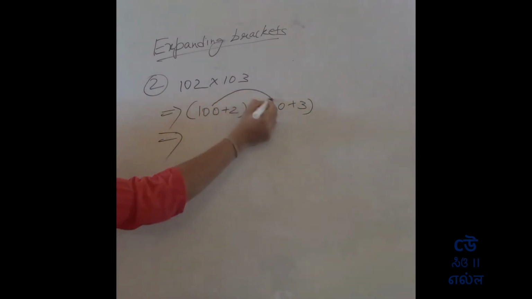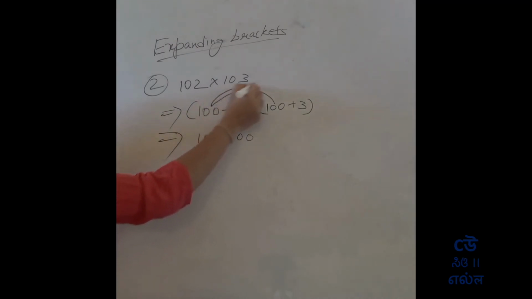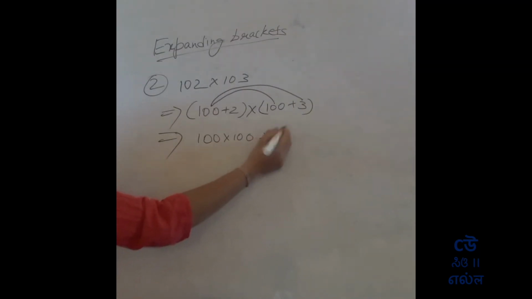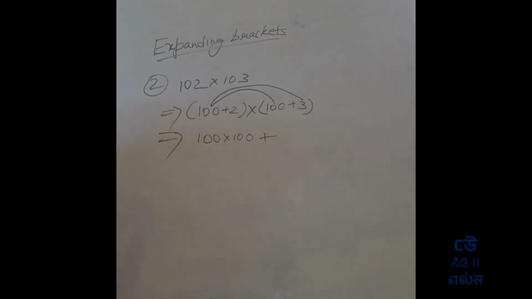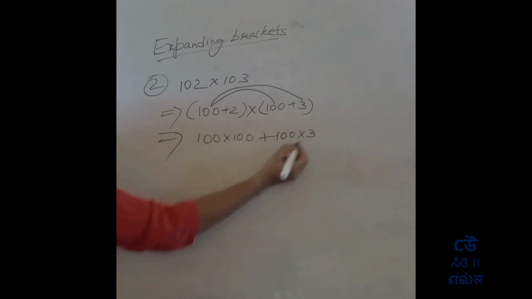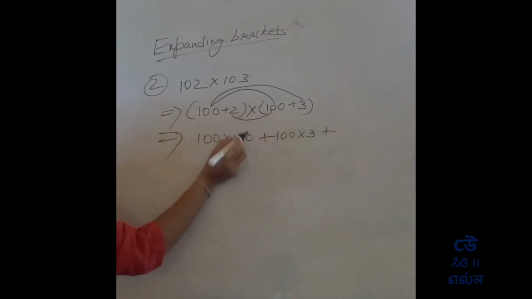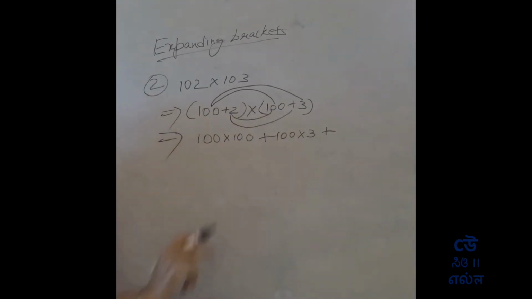Take one number and multiply with the other number. Next, one bracket, next, one number with another number. Plus sign is there. Whatever sign is there, before that you have to take. Next, 100 into 3. Next, plus. Again, multiply this number with this number, again this number with this number.